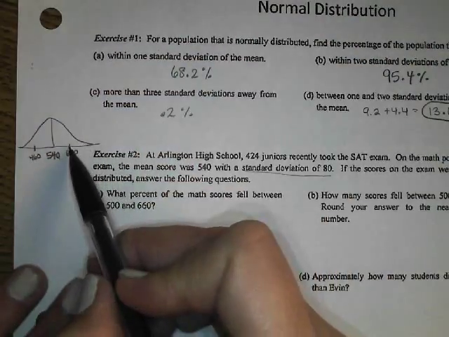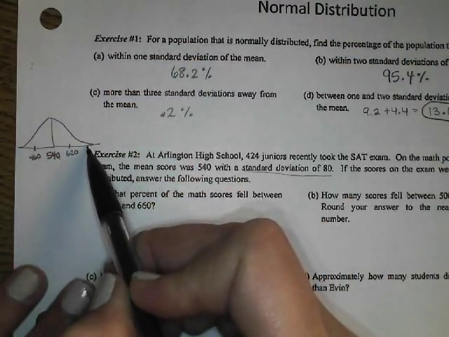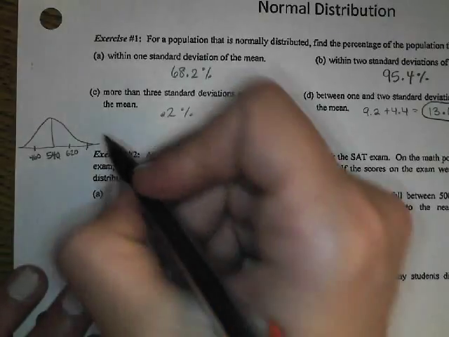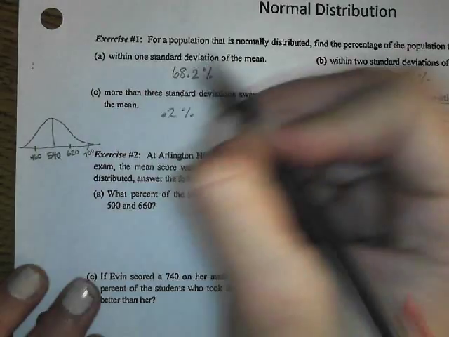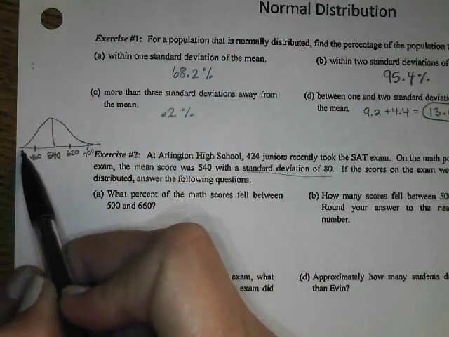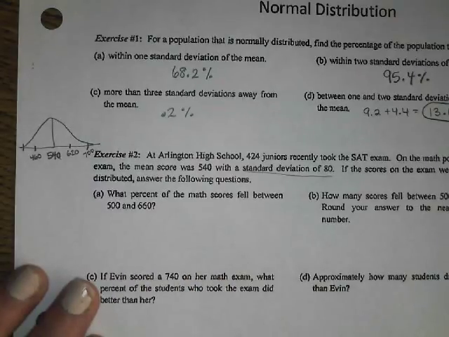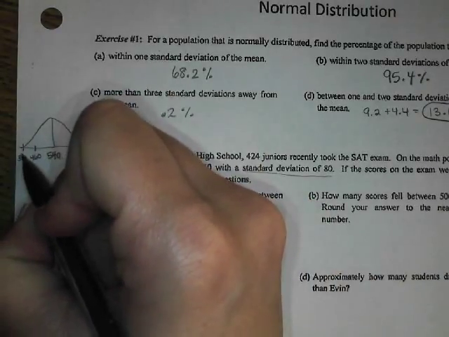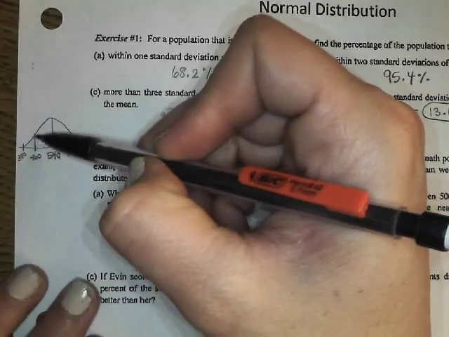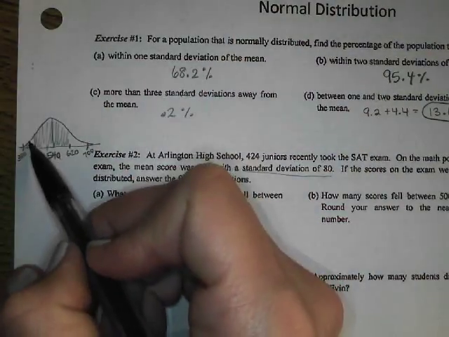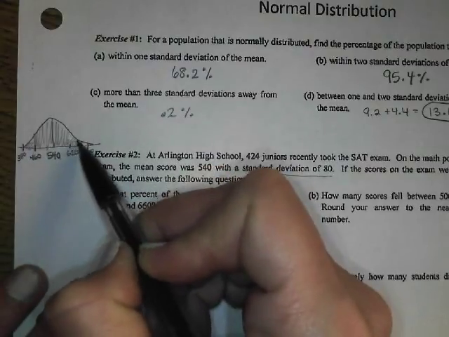What if I went a second standard deviation above? So I add another 80 to 620, 700, and a second standard deviation below, so I subtract another 80 from 460, 380. So this is my one standard deviation range away, and then I kind of opened it up to a second as well.